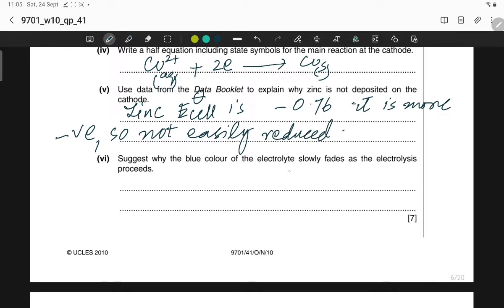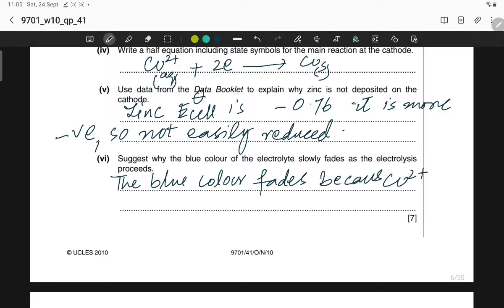Suggest why the blue color of the electrolyte slowly fades as the electrolysis proceeds. The blue color fades because copper ions are being replaced by zinc ions.